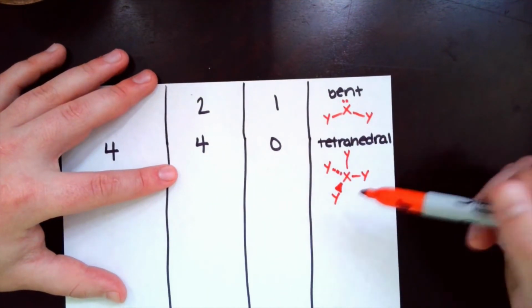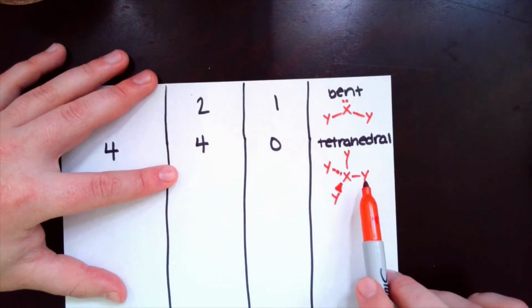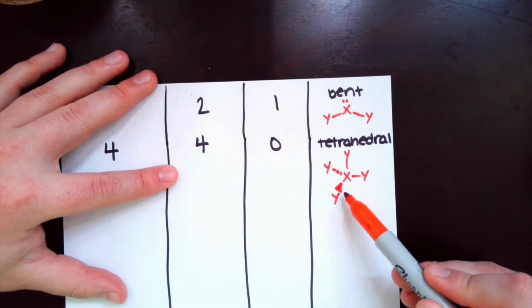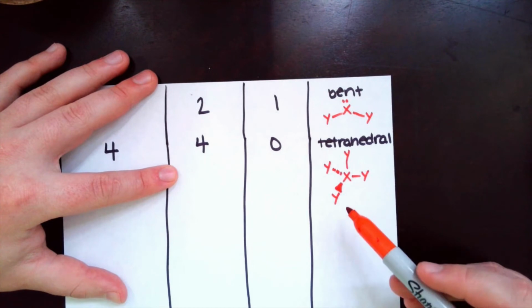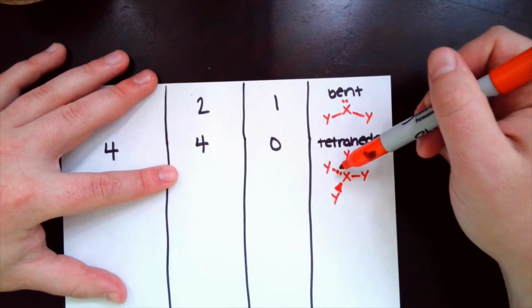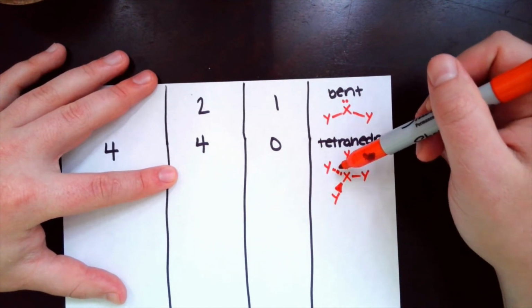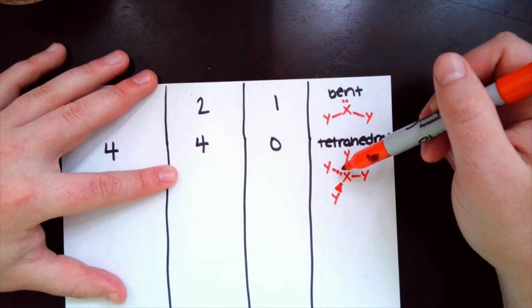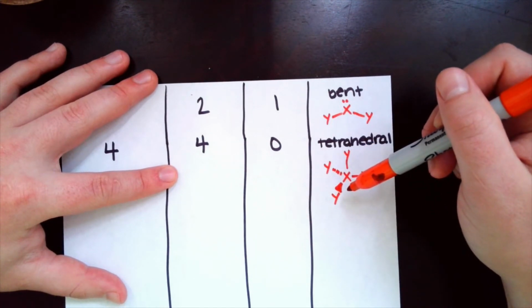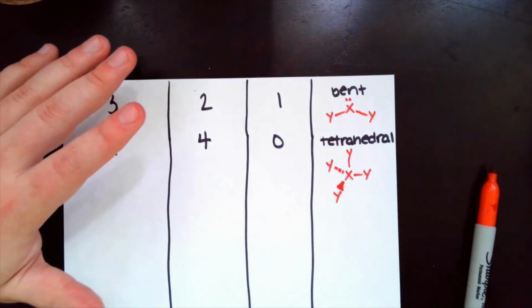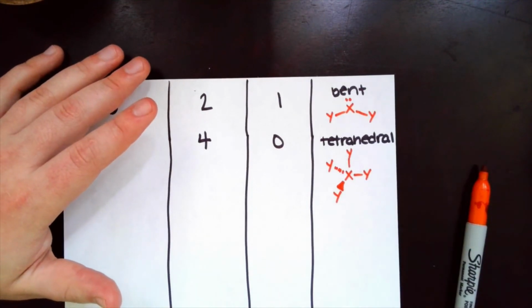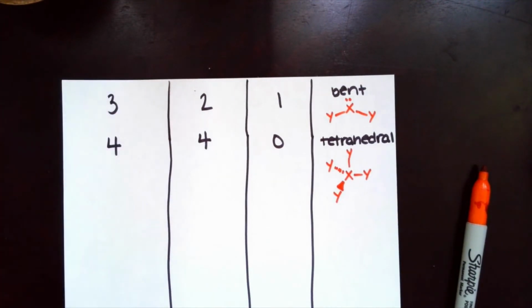So you see, I've got 2 normal looking bonds that are just lines. I've got this bond that's bolded, and that's called a wedge. And I've got this one made up of just lines, and that's called a dashed bond. A wedged bond means that it's kind of coming out of the page towards you, and a dashed bond means that it's going into the page away from you.